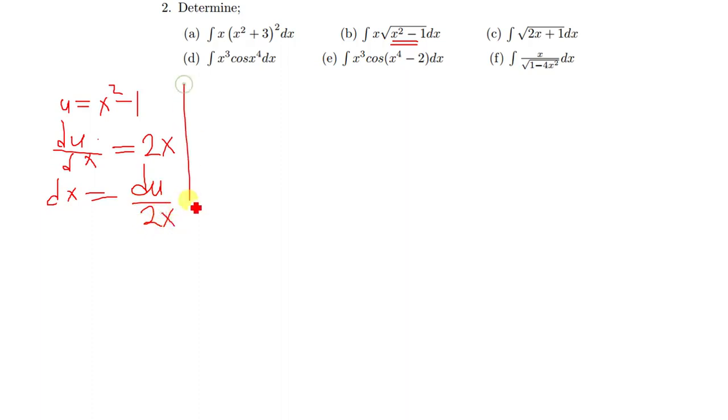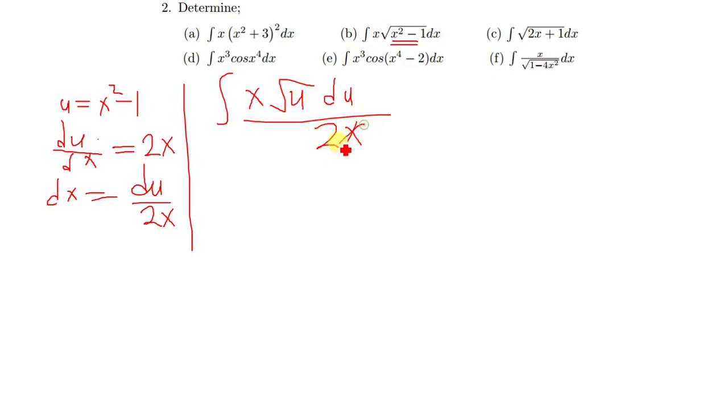And then if I have that, I can now replace where there's x squared minus 1 with u in that expression. So I'll say x, and then the root of u, then du, where there's dx I'm going to put du over 2x.